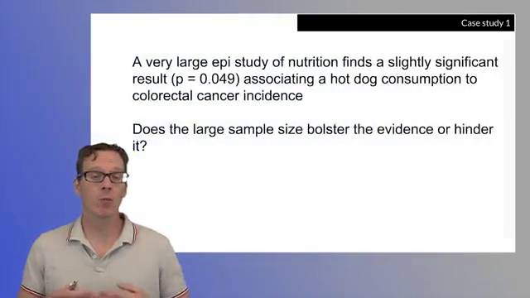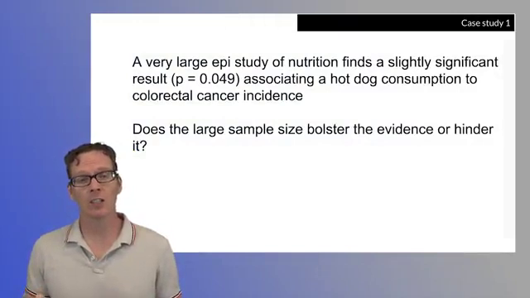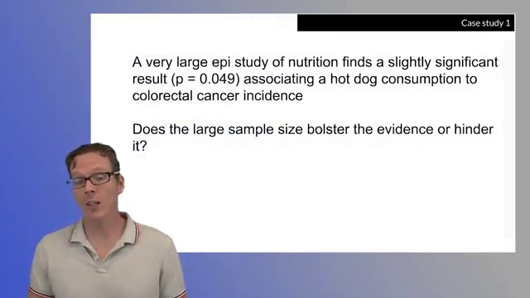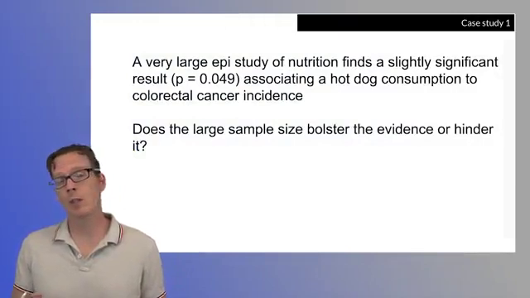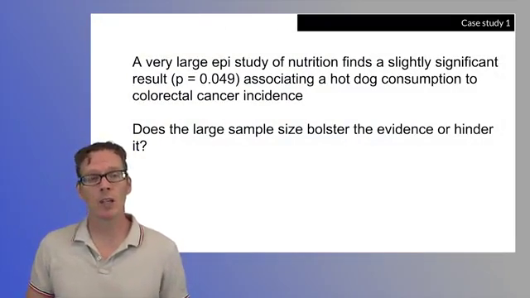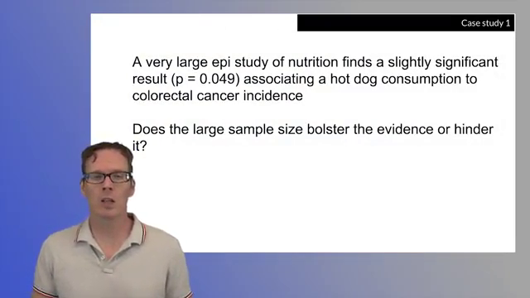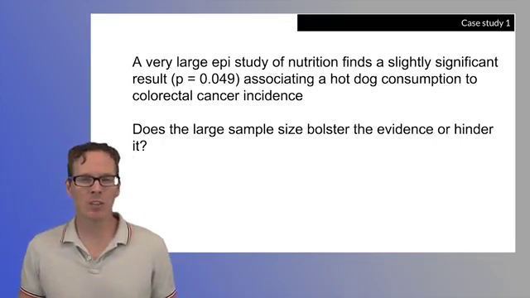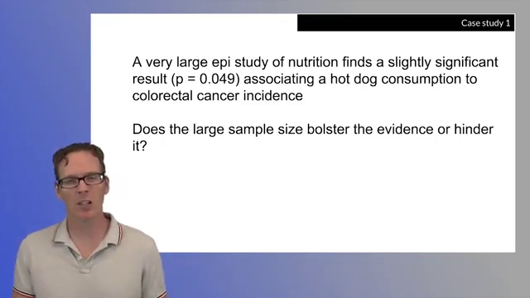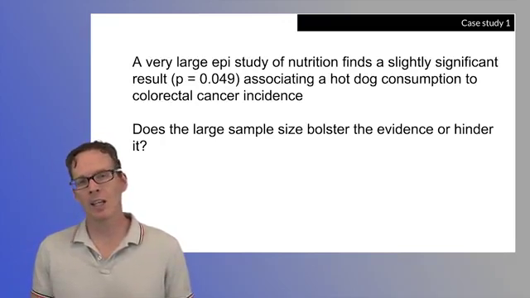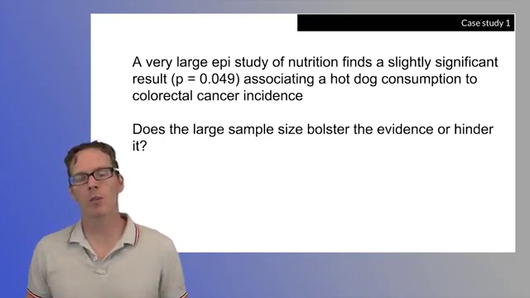Does the fact that they have a giant study suggest it was a really powerful study, and we should trust it? Or does it mean, wait, they barely achieved significance despite having a giant study? Are we only getting at some sort of quirk of the large sample size?